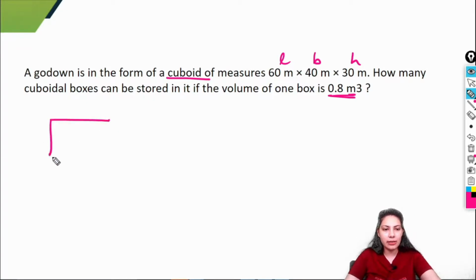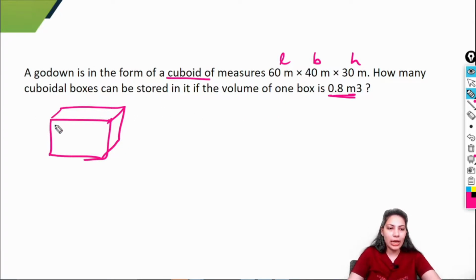So we have a cuboidal godown with dimensions 60, 40 and 30. We are supposed to calculate how many boxes can be stored in this cuboid, and each box's volume is given.